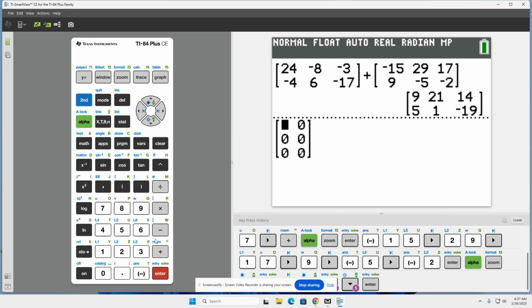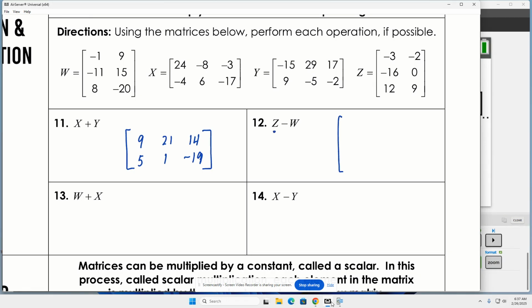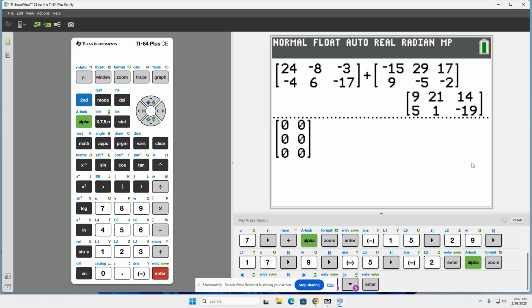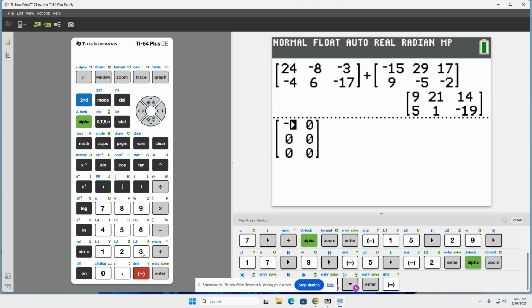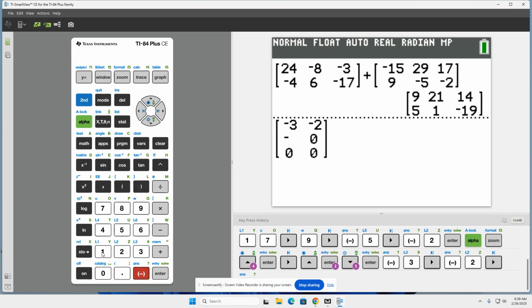And let's go back to my paper real quick. Let's plug in z. So I'm going to go back here and plug in z, which is -3, -2, next row, -16, 0, just keep on going, 12, and 9.